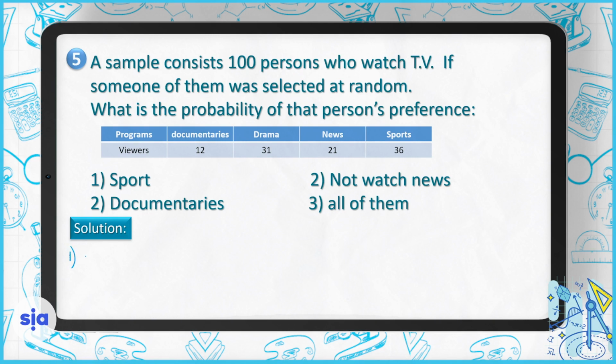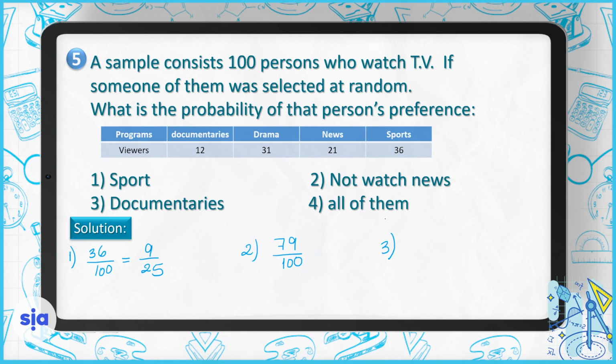So to answer this question 1, the probability of watching sports is 36 divided by 100, which is the total. That is 9 over 25. Question 2, the probability that the person does not watch news, it's all of them except 21. So it is 79 divided by 100.